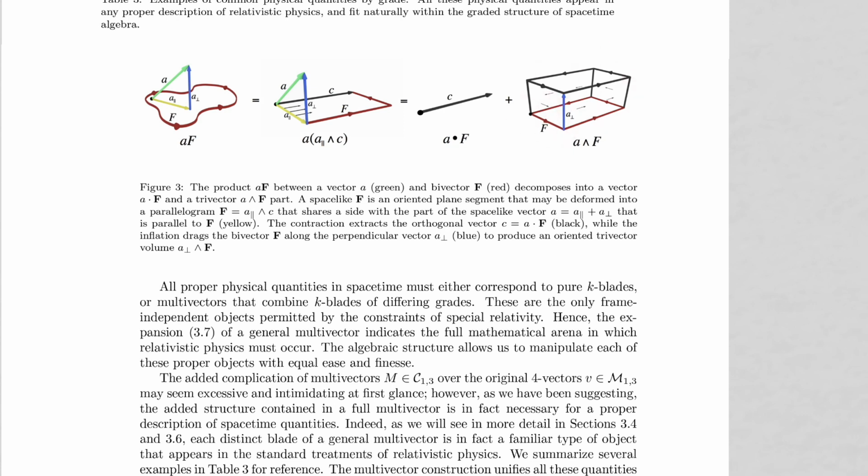I have no trouble picturing 3-volumes where one of the sides of the volume extends in time. Anyway, so that's this beautiful picture. I really love this picture. I think it's a great way of understanding the space-time product of a vector and a bivector. Well, it's not a great way, it's the only way, but it's very well drawn and well explained.